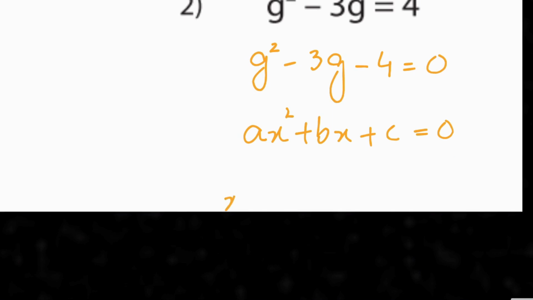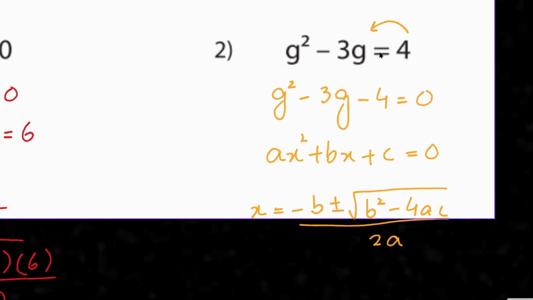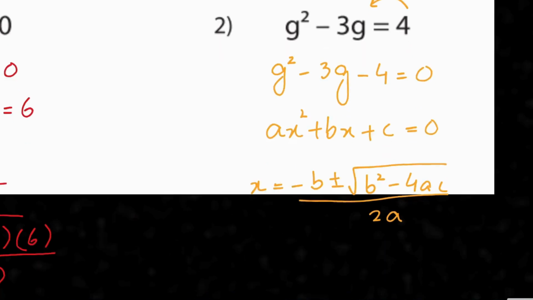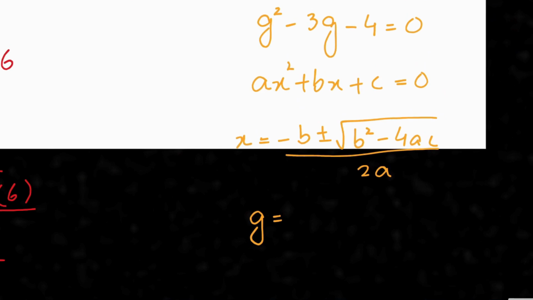Now I'm going to put the quadratic formula over here: x equals to minus b plus minus radical b square minus 4ac, all of it divided by 2a. In this question, we are using g as the variable, so I need to find g this time. I will put g equals to, but first let me put the values of a, b and c.